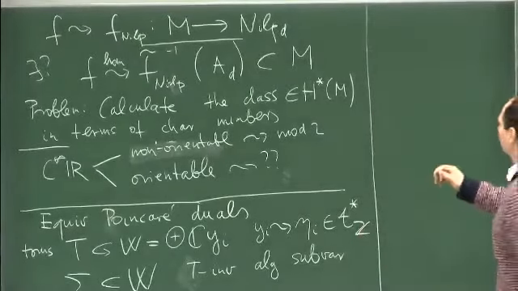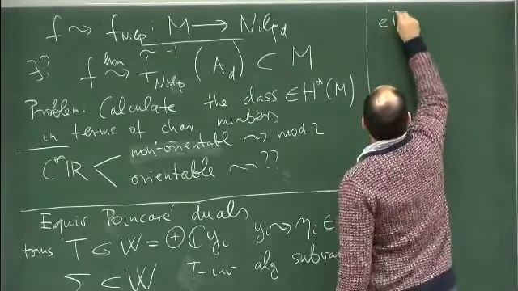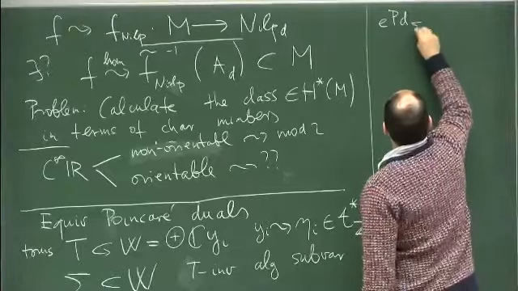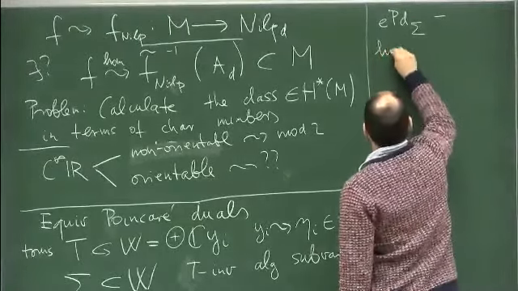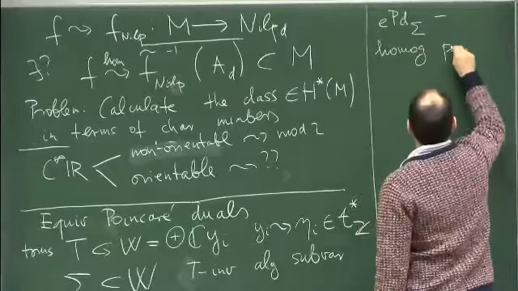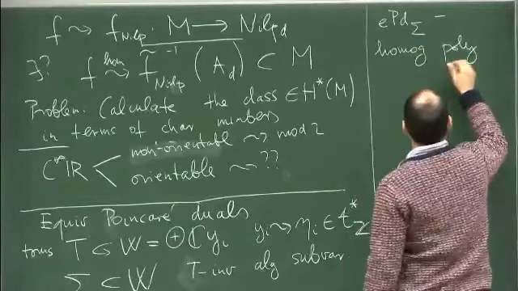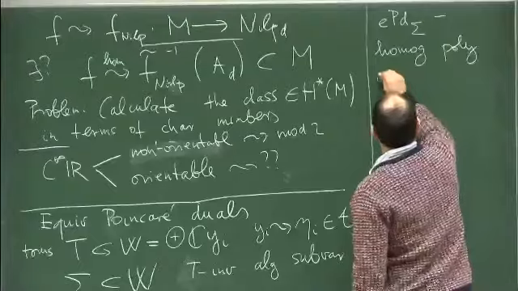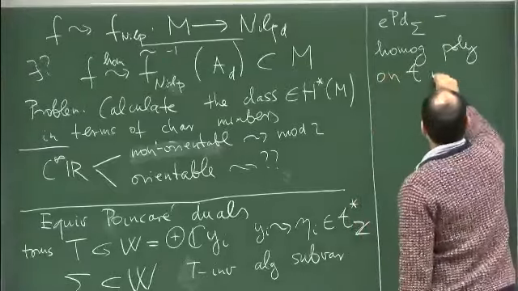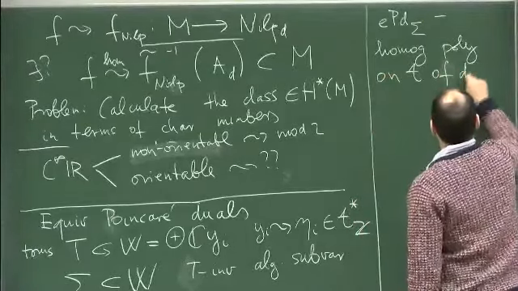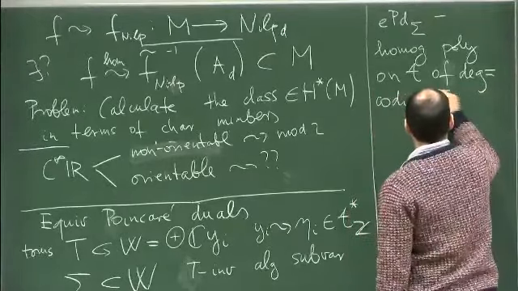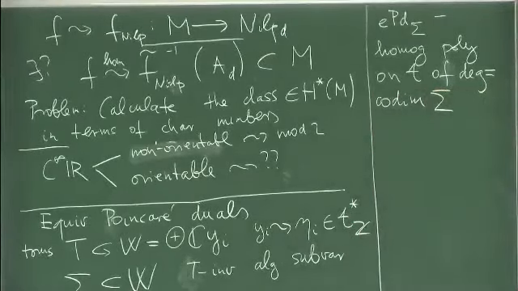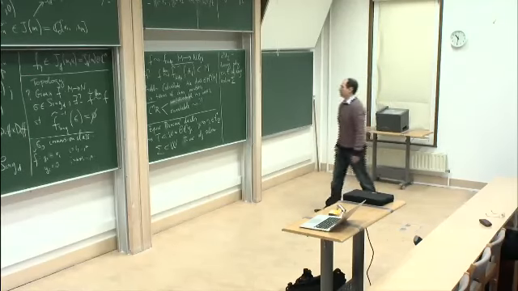So the equivariant Poincaré dual of sigma is a homogeneous polynomial over T of degree equal to the codimension of sigma. And in a sense, this is an equivariant characteristic class, and that's what we're interested in.